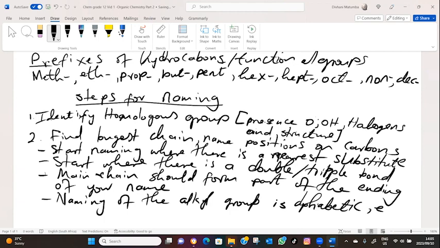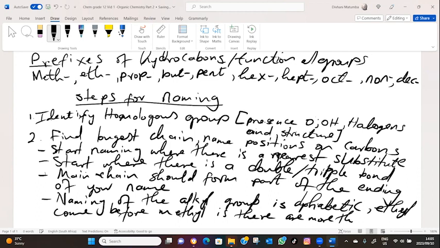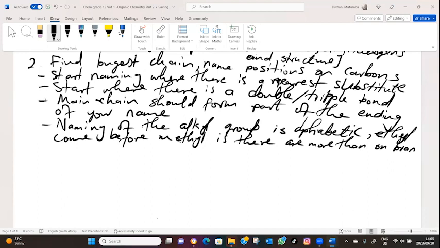Meaning ethyl comes before methyl if there are more than one branch of alkyl.